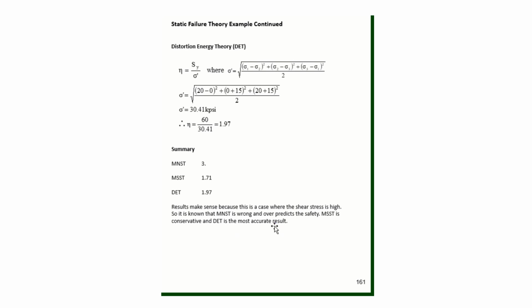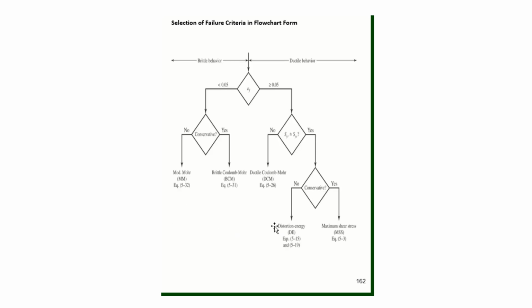The last thing we want to look at is this slide that helps us select the appropriate failure theory. So the first thing to do is to come and look at the strain at failure. So epsilon f here represents the strain at fracture or strain at failure.